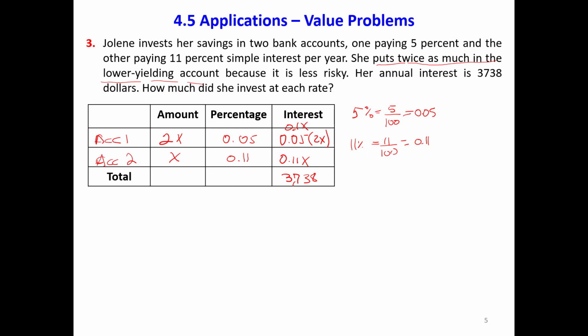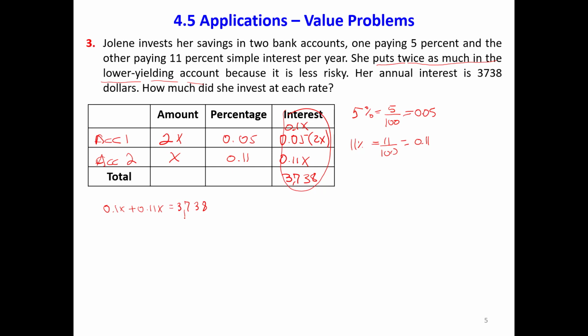Because we had just one variable, we need just one equation. Then we had the equation just here. Then 0.1x plus 0.11x equals 3,738. Yes, if we add these two quantities.